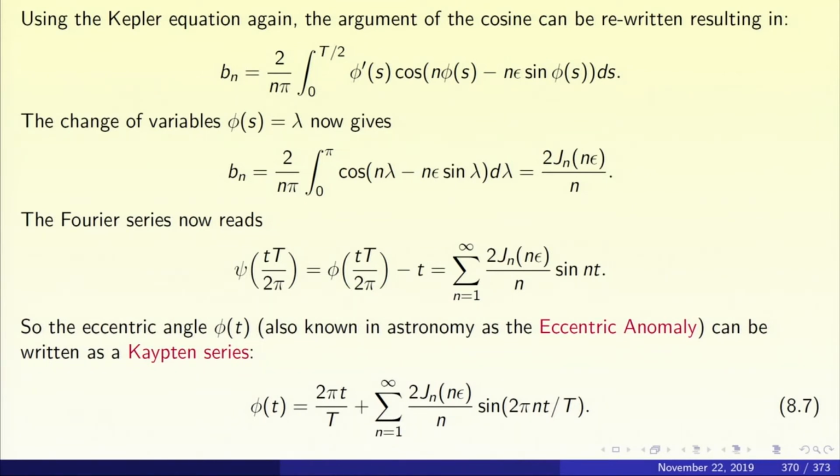The eccentric angle phi of t, or the eccentric anomaly, has been expressed as a series, phi of t equal to 2 pi t upon T, summation n from 1 to infinity of Jn of n epsilon upon n, sine of 2 pi nt upon capital T, equation 8.7, and that's called the Kapteyn series. So finally, the problem of expressing the eccentric anomaly as a function of t has been achieved. That is exactly equation 8.7.